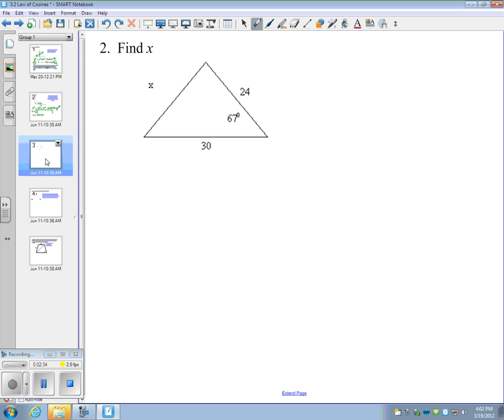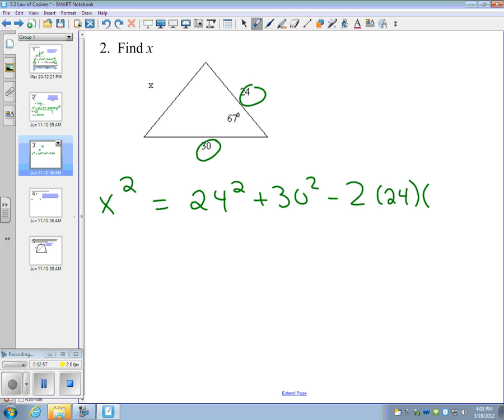Okay, here's another example where we're finding x. Here we have two sides and the included angle. So that same relationship again. X squared is equal to 24 squared plus 30 squared minus 2 times 24 times 30 times the cos of the angle directly across from what we're trying to find, 67.